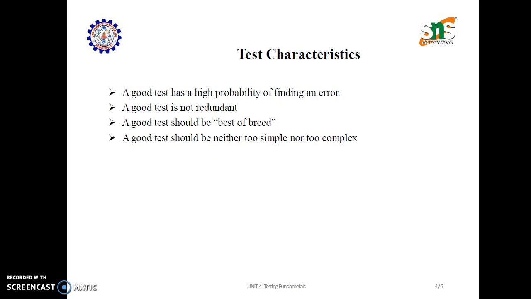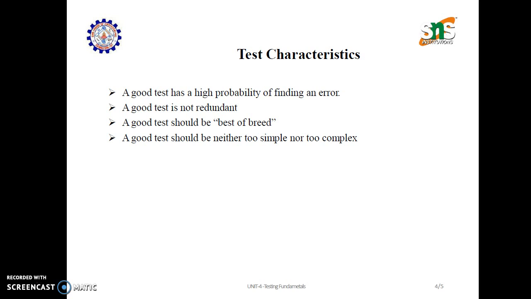While testing, there are certain characteristics to be considered. If the software has a high probability of finding an error, it is a very good testing characteristic. Second, if the testing has no redundant data, that is a second sign of good testing.